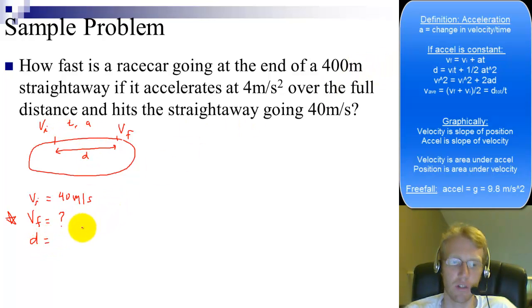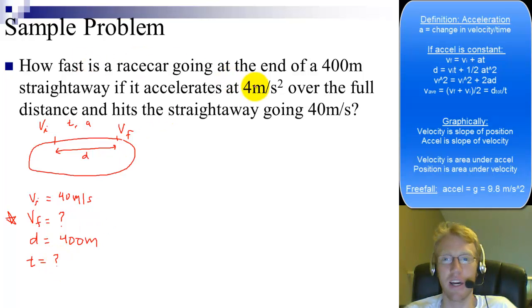It's a 400-meter straightaway. How much time does it take? It doesn't tell us how much time it takes, and we're not trying to find it, so we maybe don't need that. Do we know the acceleration? Yes, the acceleration of the car. It accelerates at 4 meters per second squared for the full distance, so the entire time it's always accelerating at 4 meters per second squared.